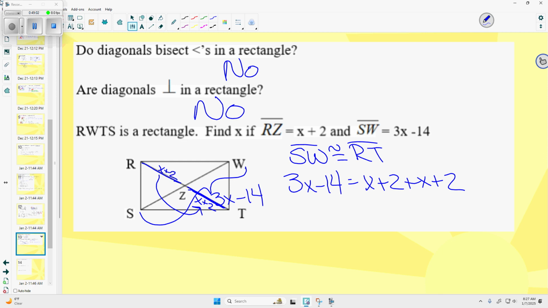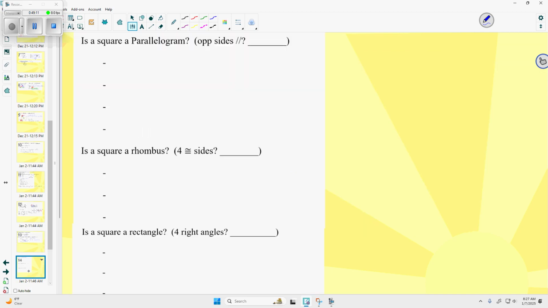All right, where's the square located on the quadrilateral flow chart? The bottom. So my next group of questions runs you through all of the things we've learned so far. Is a square a parallelogram? Are the opposite sides parallel? Yes, which means opposite sides are also congruent. Absolutely.